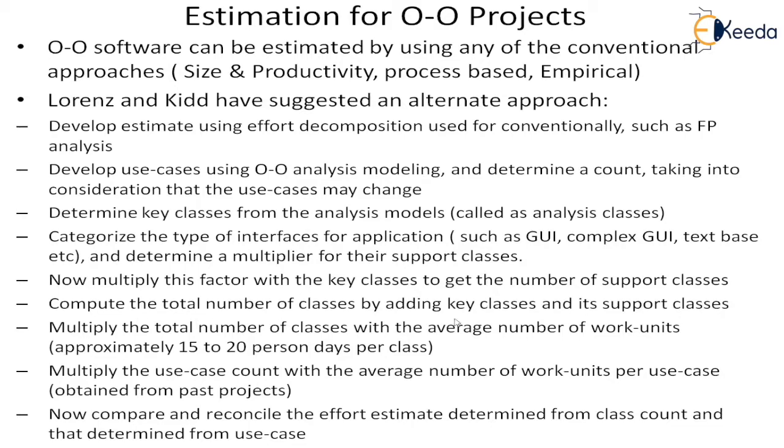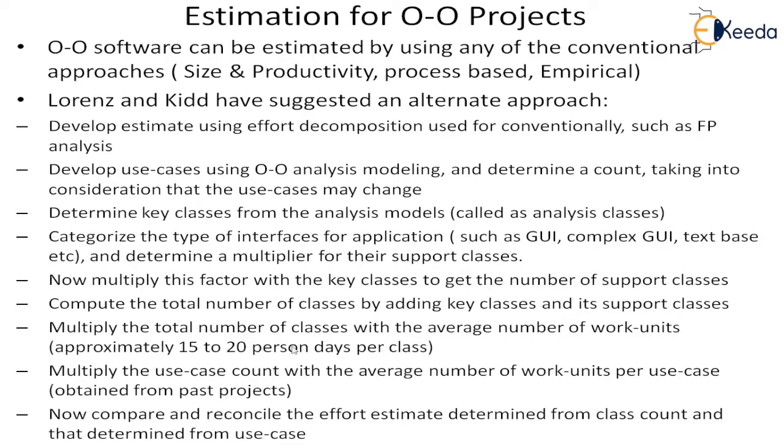Now you try to determine the effort of these classes. If we have to develop these classes, then how much time will it take. So we can take an average number of work units, for example, approximately 15 to 20 days per class. So by taking such a rate, you can get the effort required for all the classes.